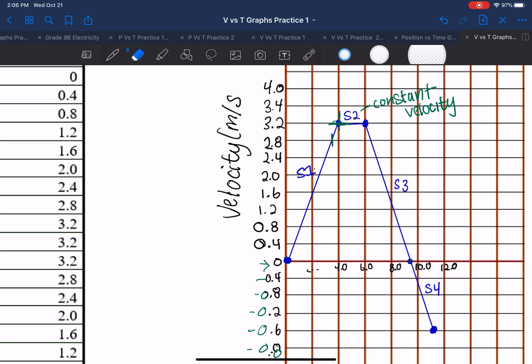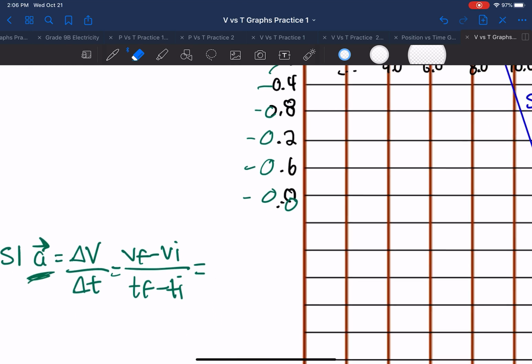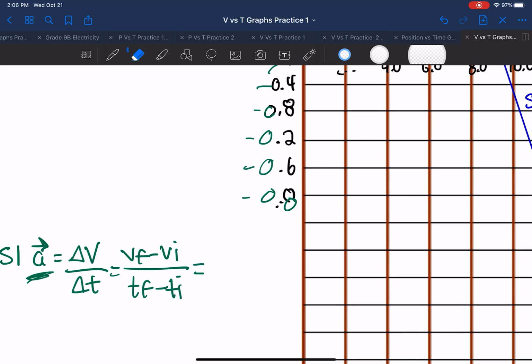So let's go back to our question, S1. So we know which values we're going to plug in. I'm going to write them down here. You can rewind and look back at your values as well. So our VF is 3.2 meters per second. Practice writing the entire units so that you can see at the end once you solve for your units.